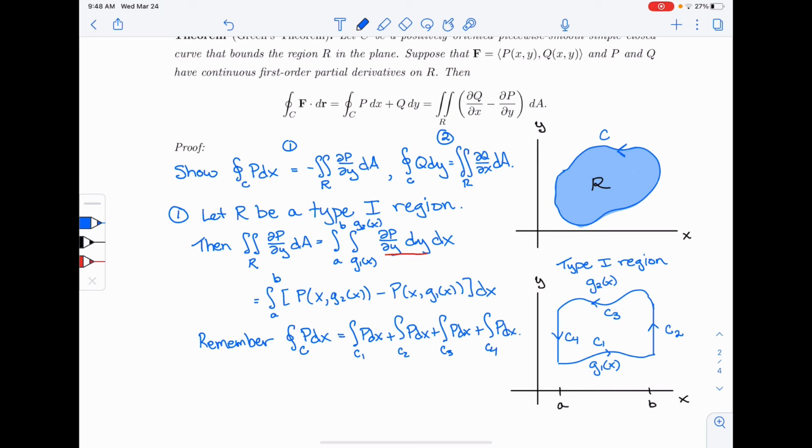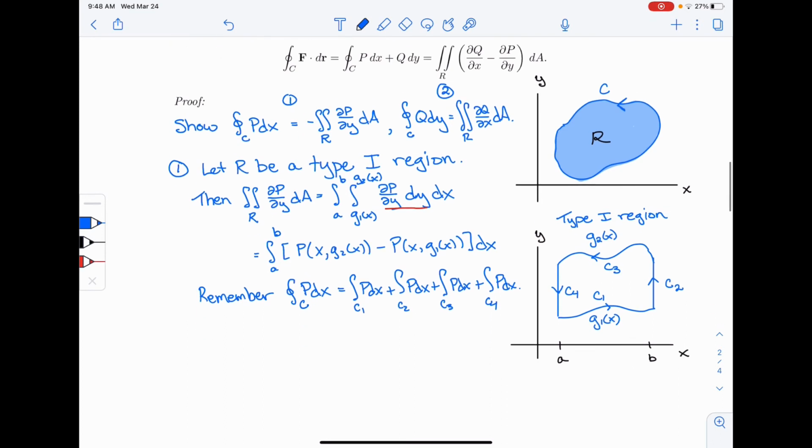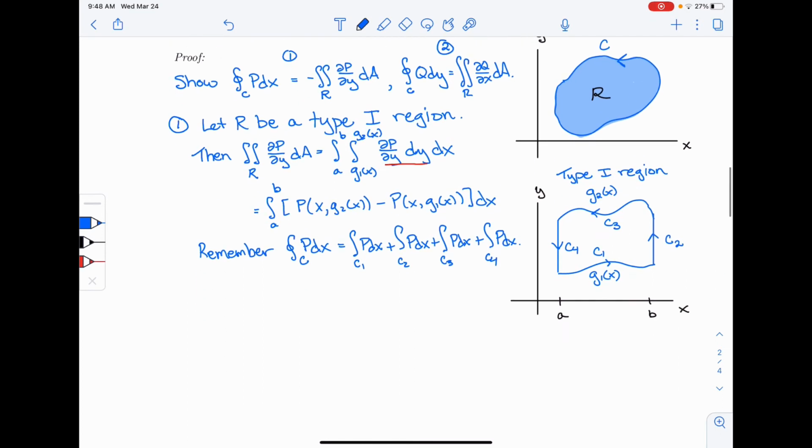Okay, I'm going to show that that gives me the same result. So I'm going to parameterize the curve C1 by x, g1 of x. So I'm going to let x be my variable here just to make it easier. Okay. Then what do we get?